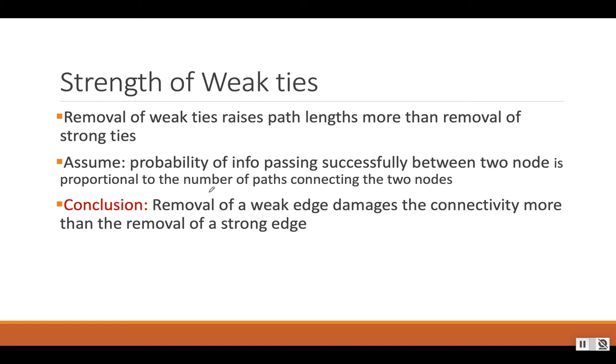For now, let's see what we are thinking about the strength of weak ties. In the whole discussion we discussed the structure of the relationship between people, relationships between nodes, and we classified them as either strong tie or weak tie.